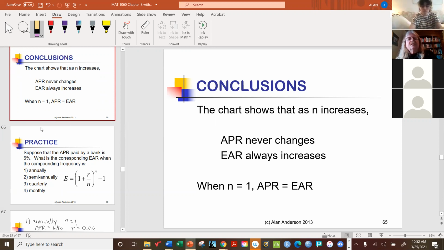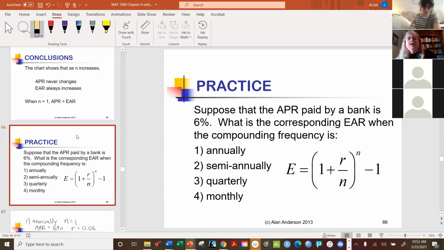So what I want you to notice in this question, let's assume that the APR is 6%. Okay, good. What I'd like you to do is calculate the EAR under 4 different assumptions about the compounding frequency. And of course, I've repeated the formula right here in case you forgot.